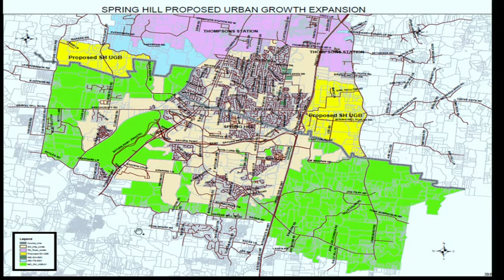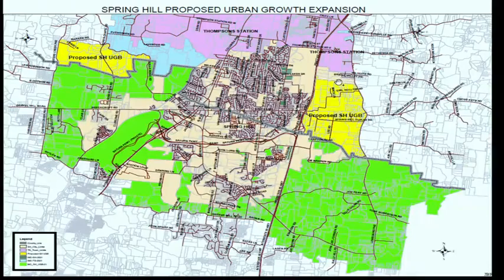All right. And just one more note, as you identified in the northeast expansion area, you'll also notice on the top, the land that is already annexed into the city of Spring Hill, there's a subdivision there that is not being considered as part of the urban growth boundary.